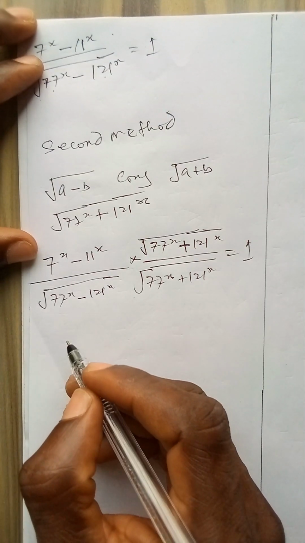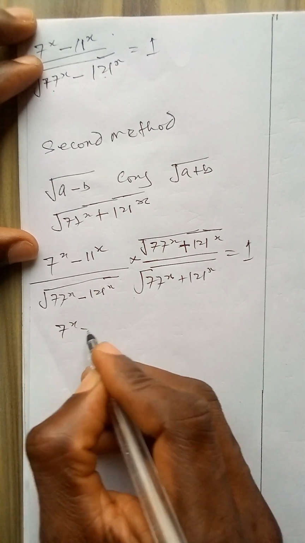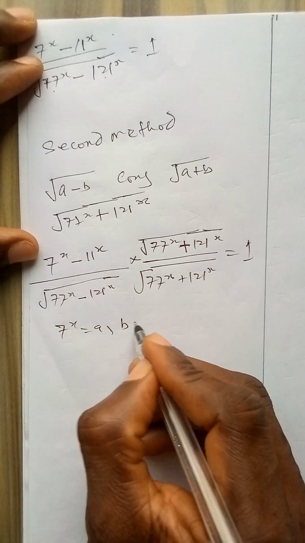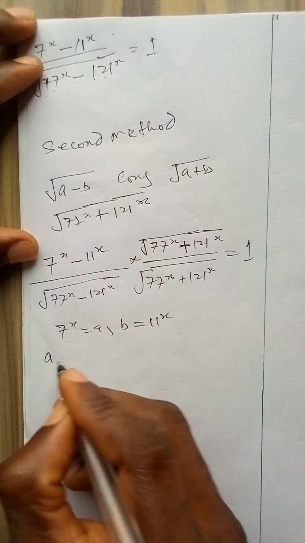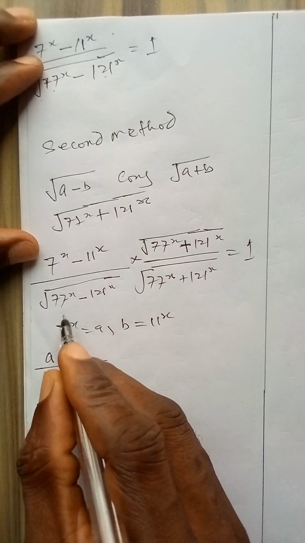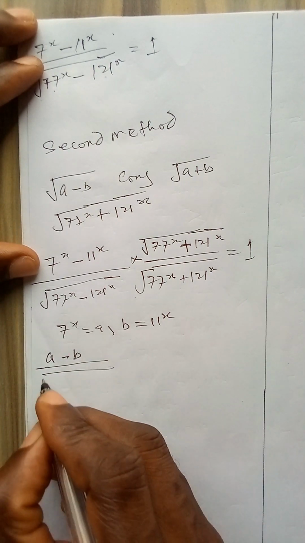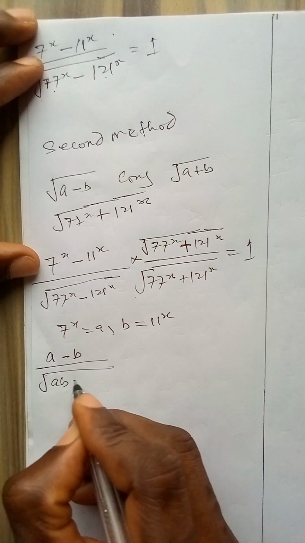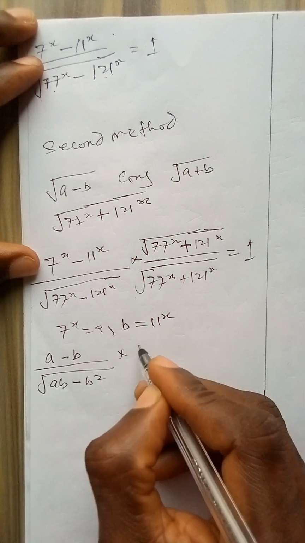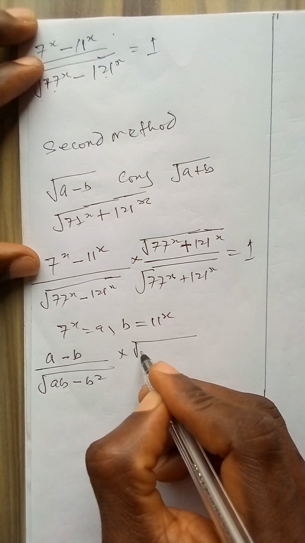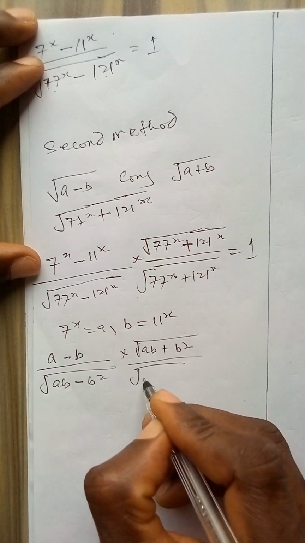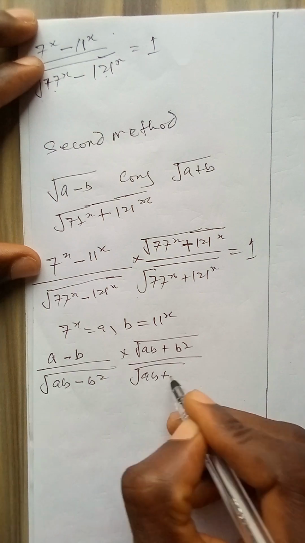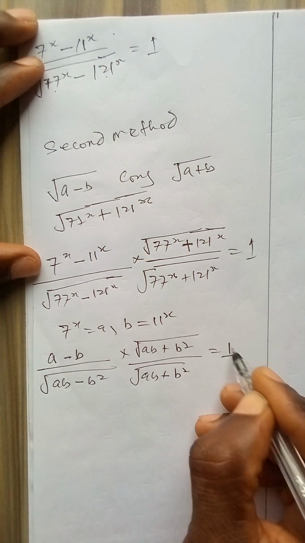Let us remember our substitution. 7 to the power x is a and b is 11 to the power x. So here is a minus b over here is square root of ab minus b squared times square root of ab plus b squared over ab plus b squared is equal to 1.